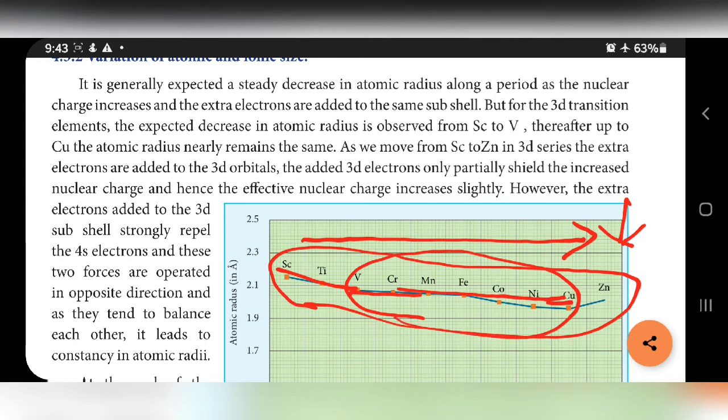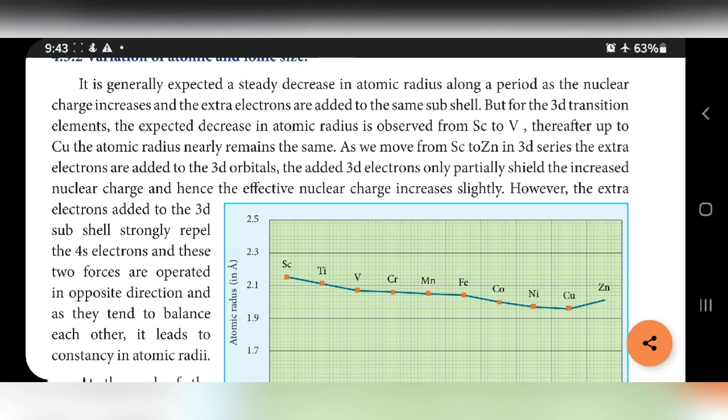The reason is, first, the added 3d electrons shield partially. Partial shielding means effective nuclear charge increases. Effective nuclear charge increases means the extra electrons added to the 3d subshell strongly repel.